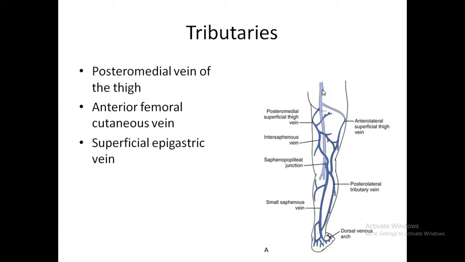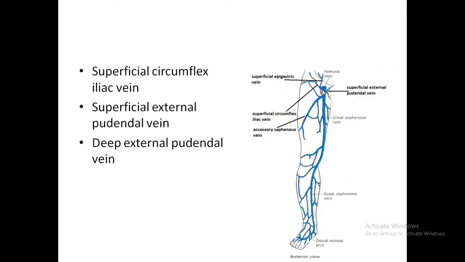Then we have the third tributary of the long saphenous vein, which is the superficial epigastric vein. If you could see in the picture, the superficial epigastric vein drains the inferior abdominal wall and opens into the long saphenous vein as it passes the saphenous opening.